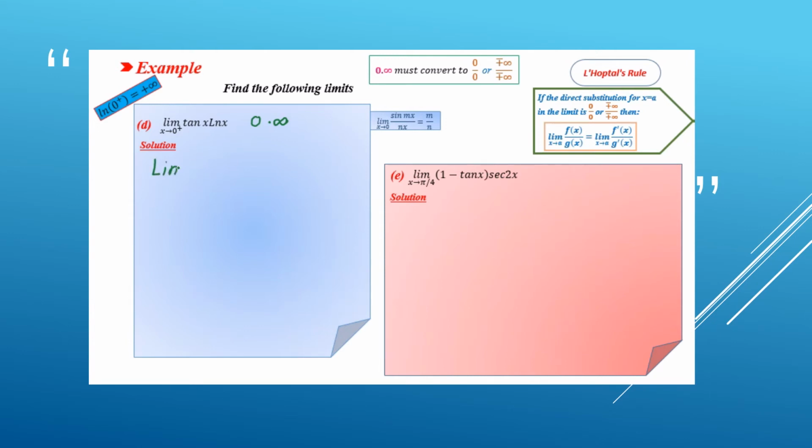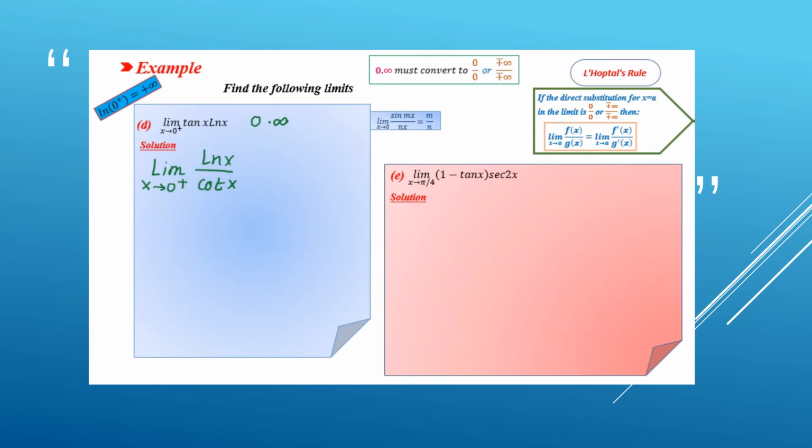So we have the limit, and you know that tan equals 1 over cotan, so we can rewrite this limit as ln of x divided by cotan x when x goes to 0 from right.